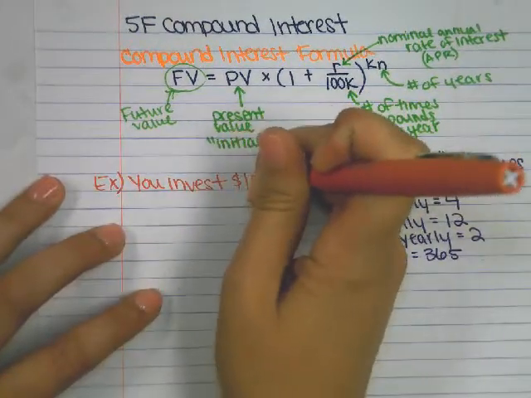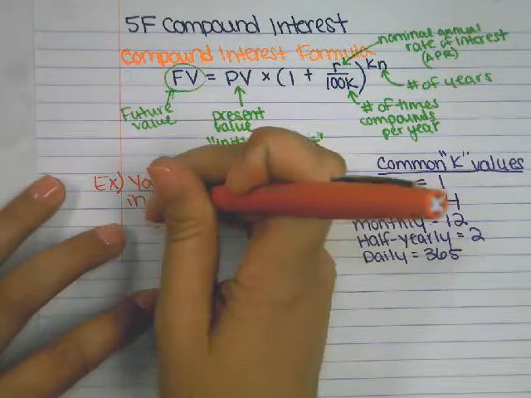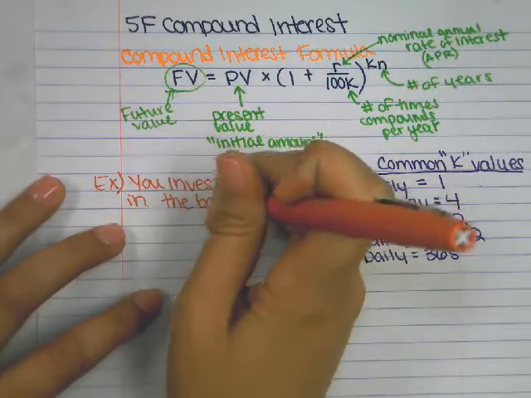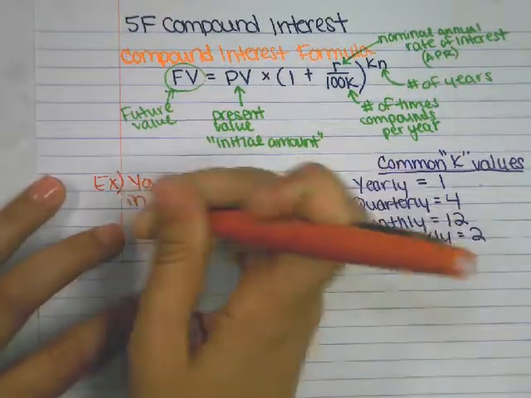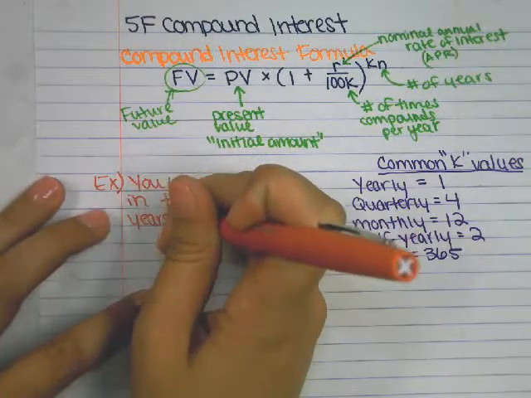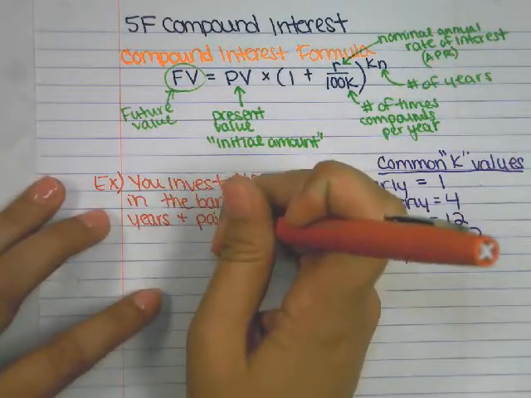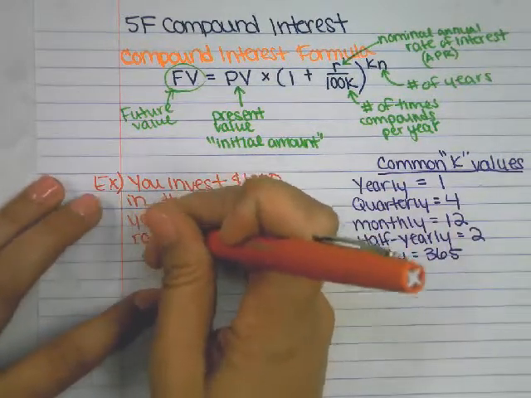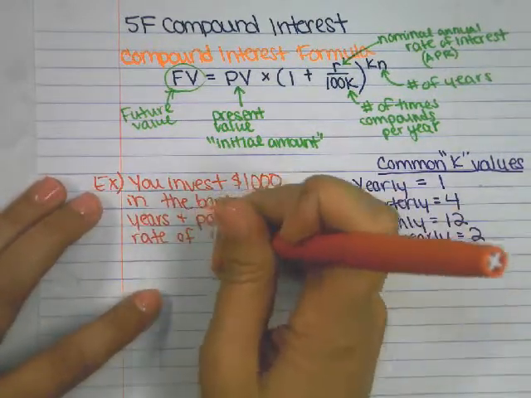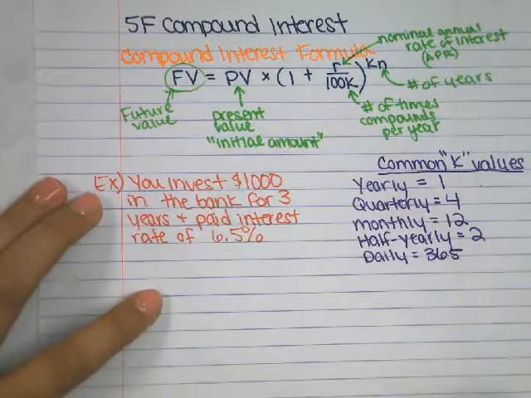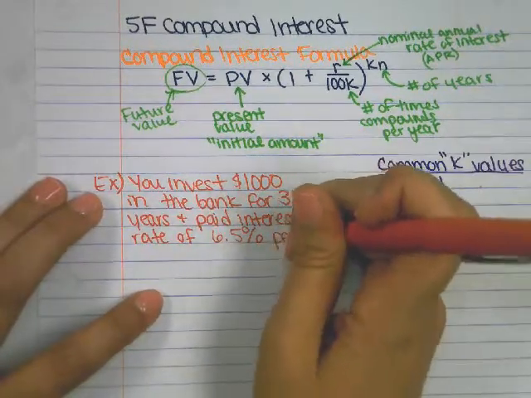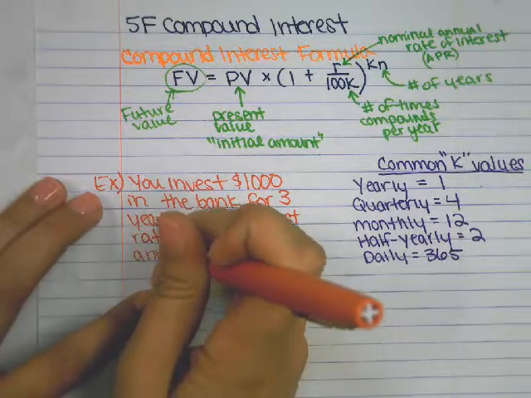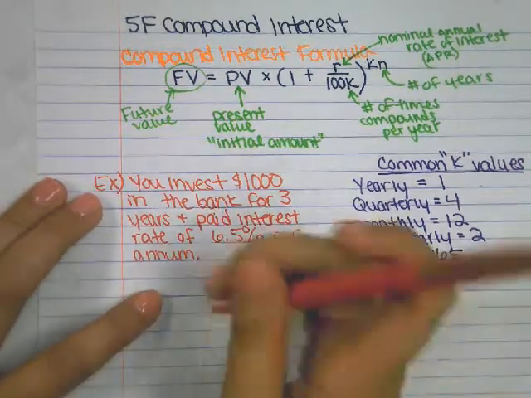You invest $1,000 in the bank for 3 years, and you're paid an interest rate of 6.5% per annum, which I think is a weird word.